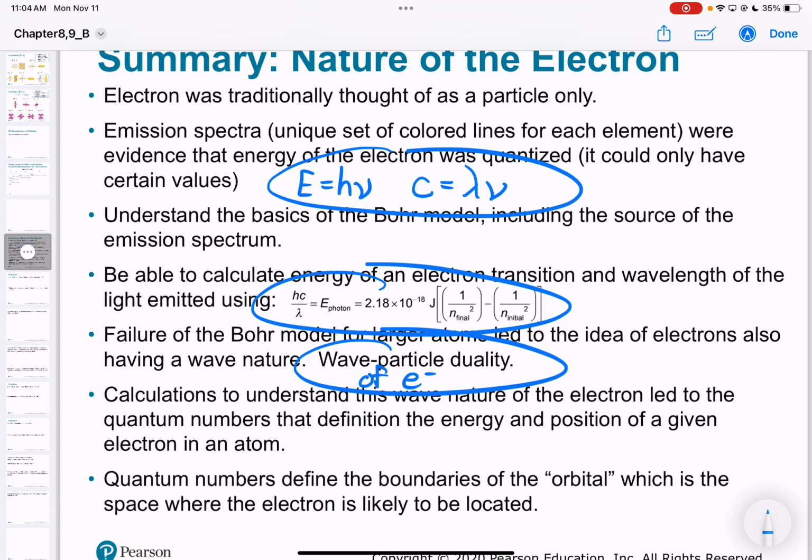Now, I did change this in your materials, and I don't want to harp on it because it is such a minor thing. Let me just put it in conceptual context. If you are releasing energy, you will see that energy is listed as negative. It just means it's being released. There isn't negative energy.